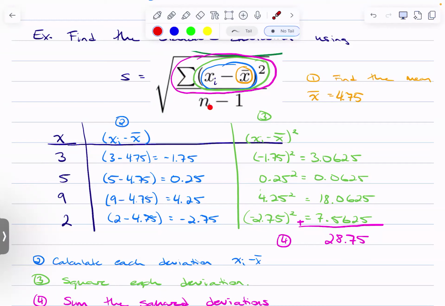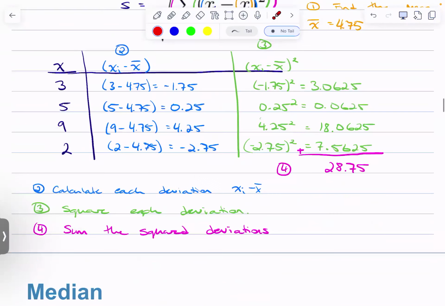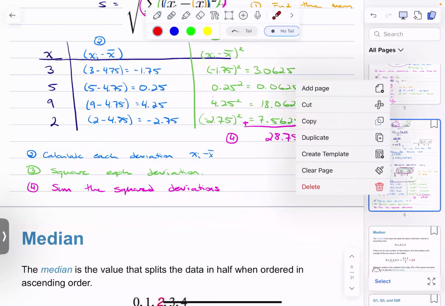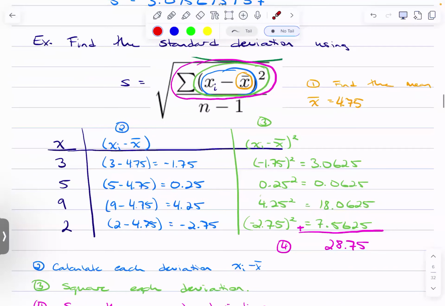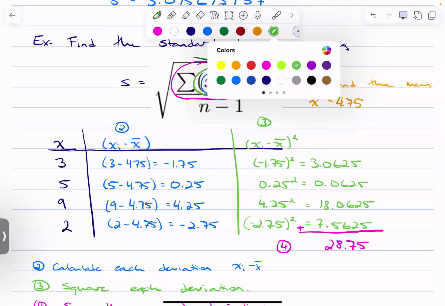I can divide by n minus 1, and then I can take the square root. We'll write them out as steps, but I need another page. What's a color I haven't used? Red? No. Purple again?